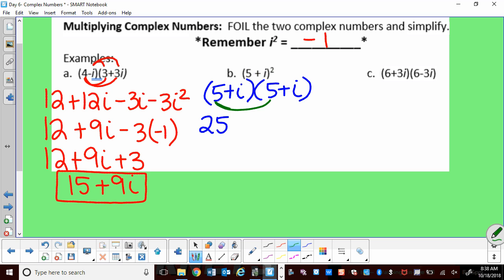That's first. Outer, 5 times i is positive 5i. Inner, i times 5 is positive 5i. And last, i times i is i squared.